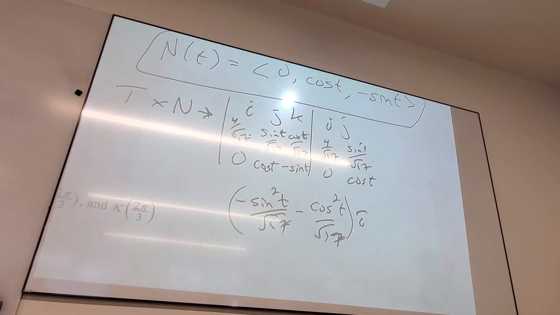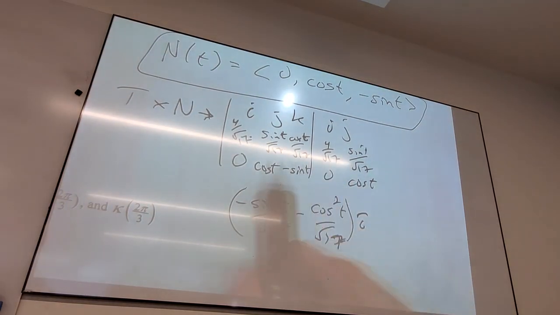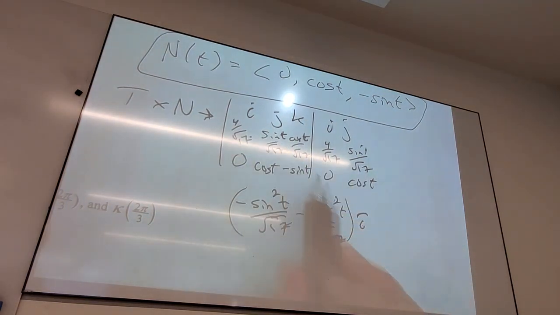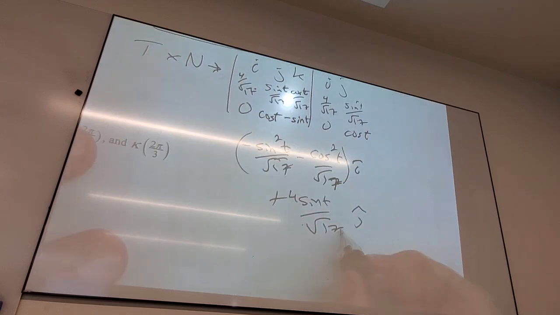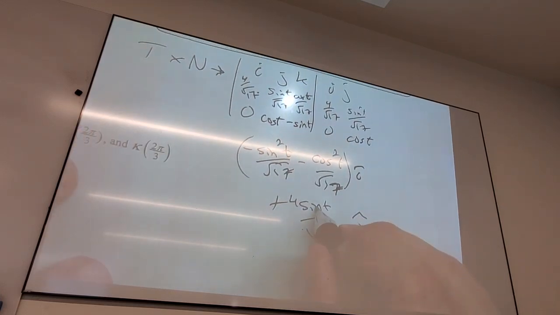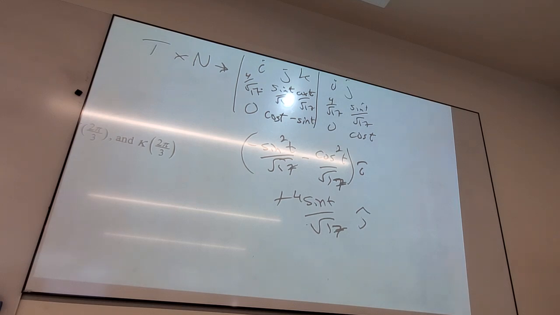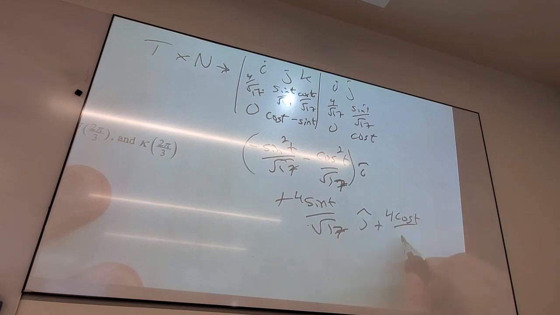Then for the j's, I get 0 minus negative, so plus 4 sine over square root of 17. That's j. And then for my k's, I get 4 cosine over root 17, and then I get 0 here.